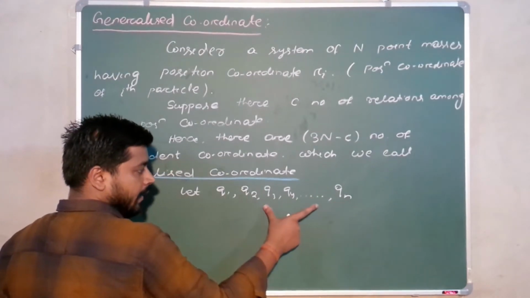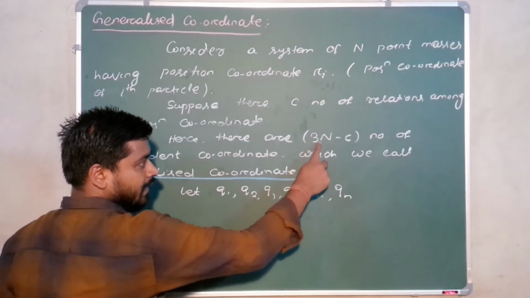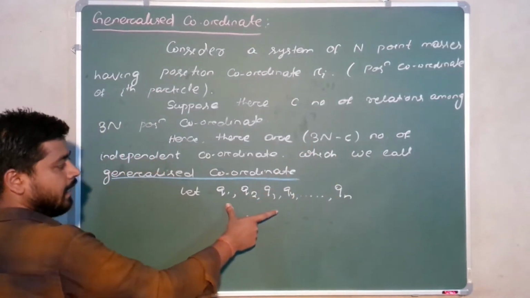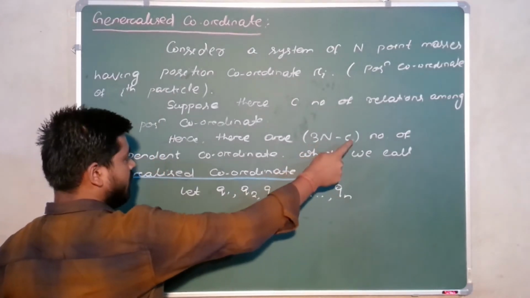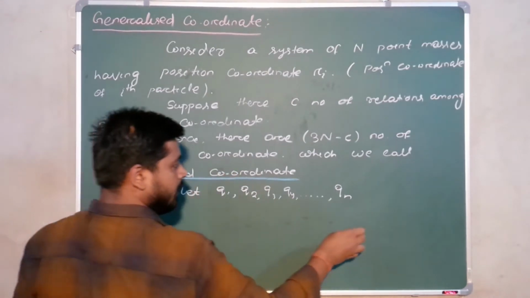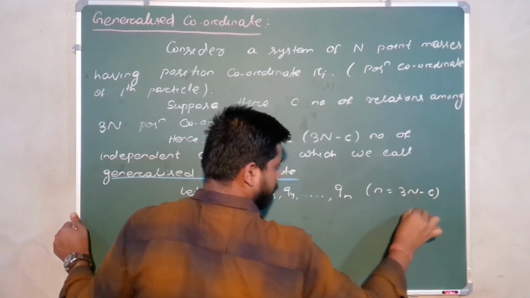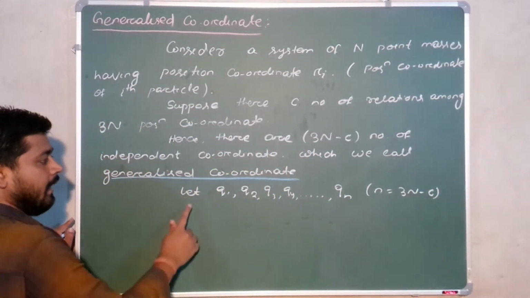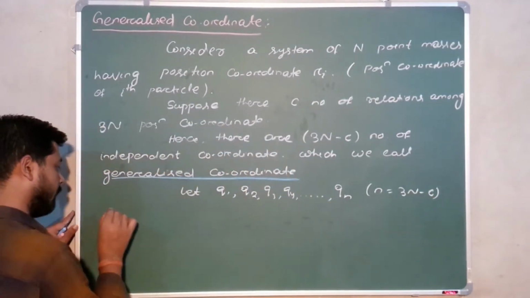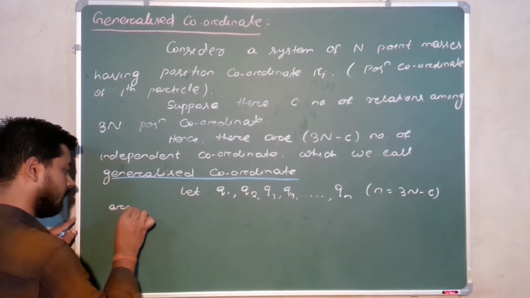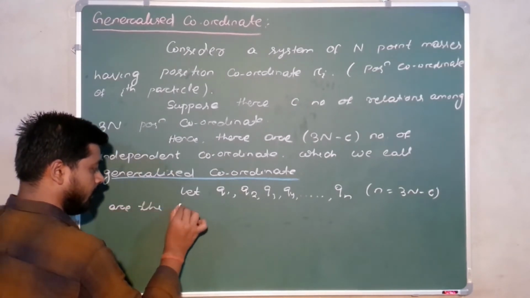Then how many are there? n is 3n minus C. We all know generalized coordinates have 3n minus C number of independent coordinates. So here you can write n equals 3n minus C. Yes or no? Let these be the coordinates.